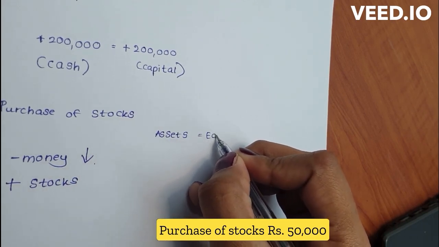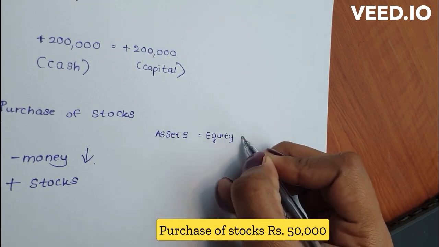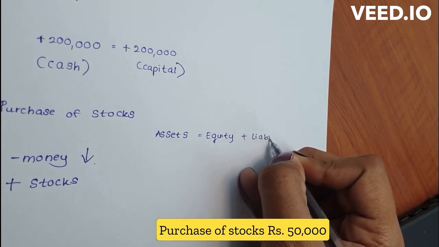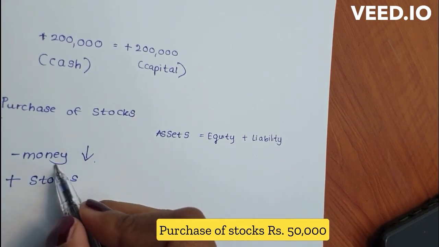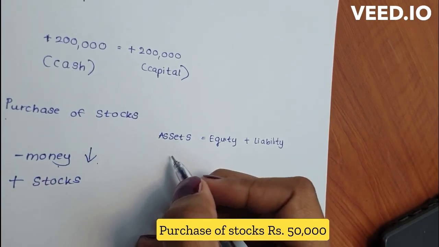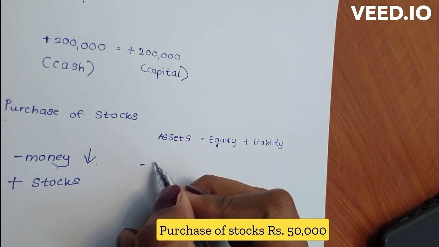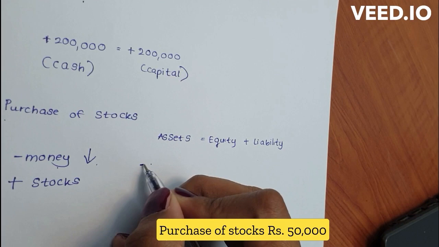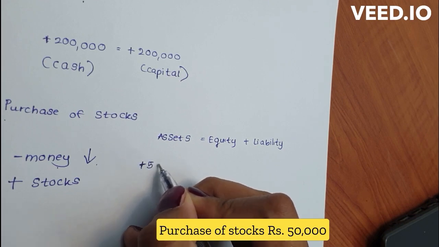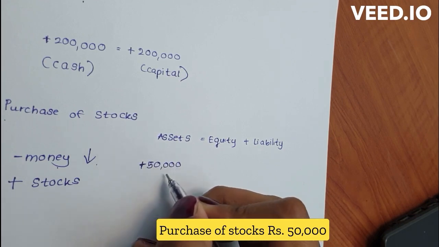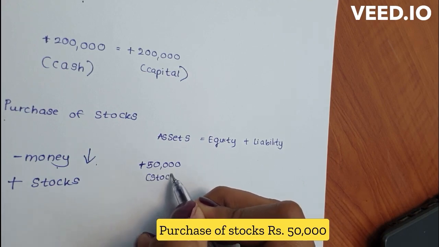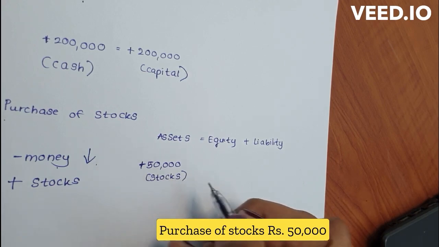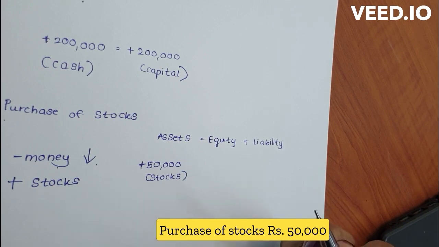Assets equal equity plus liability. Now what will happen? Cash is an asset. First we'll record what is getting increased. 50,000 is the stocks. We'll show it like this, plus 50,000 within brackets stocks.